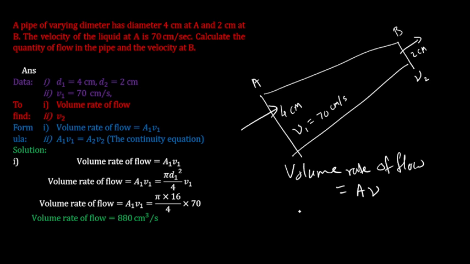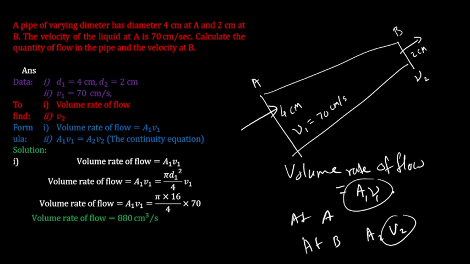So volume rate of flow at region A will be A1 V1, and at region B it will be A2 V2. But the volume rate of flow is the same everywhere, so we can either use A1 V1 or A2 V2. V2 is not known, but A1 and V1 are both known, so we use this expression for the volume rate of flow.